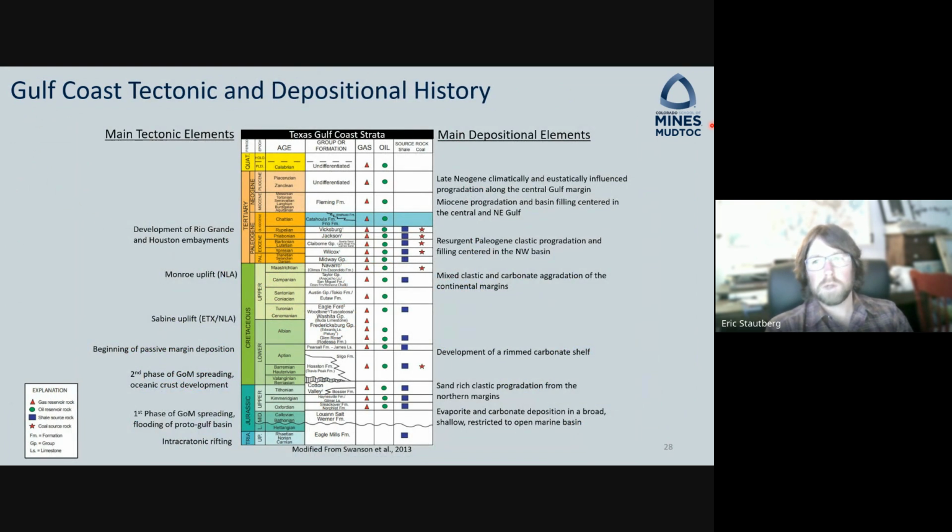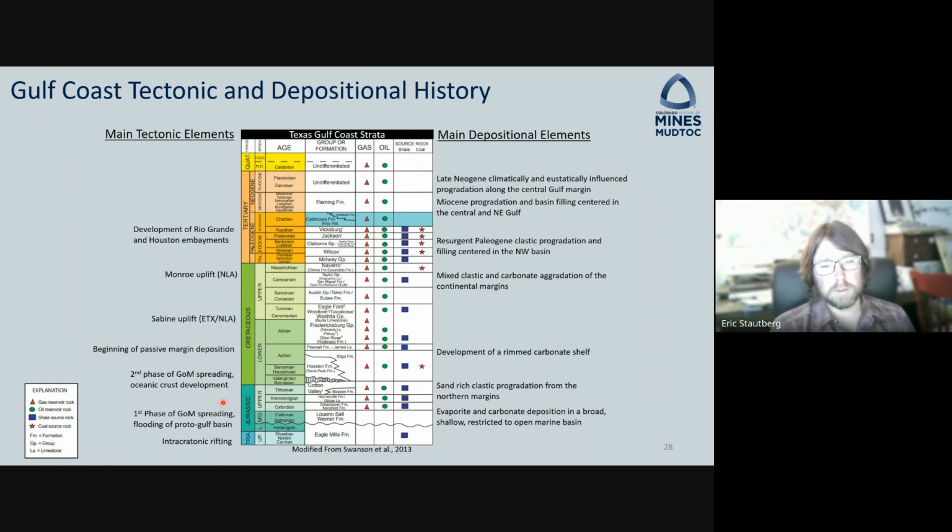For those of you not too familiar with the Gulf Coast tectonic and depositional history, I'm going to go through the highest level overview I can, which is going to skip a lot of things. But basically, the Triassic through early Jurassic, that's where we see our extension and rifting, and the formations and rocks down there reflect that. And it's not really until we move into our upper Jurassic to lower Cretaceous that we start to develop the Gulf Coast into the passive margin that it is today.